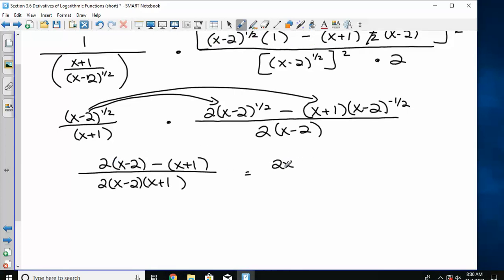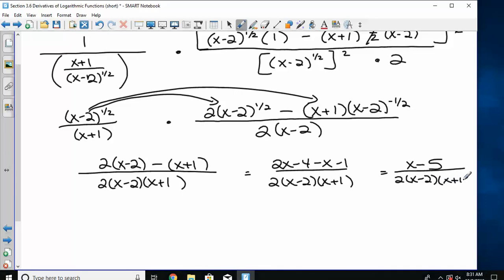We distribute. Ending up with x minus 5 over 2 times x minus 2 times x plus 1.